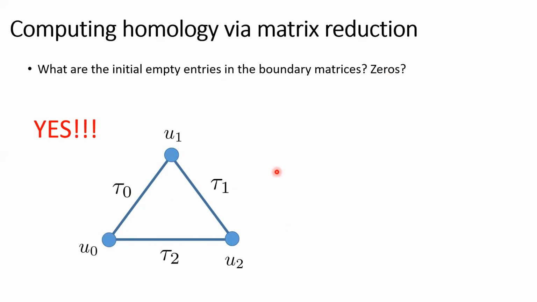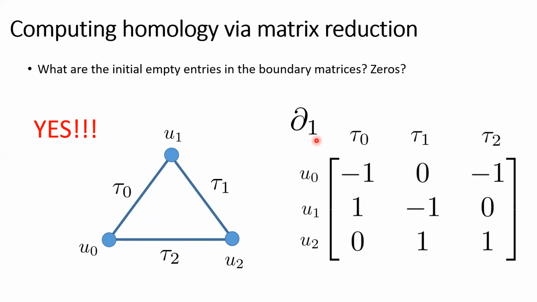So if this is our simplicial complex and we wanted to compute delta 1, the first boundary, then the full matrix would look like this. Tau 0 has as boundary u1 minus u0, again using the orientation, and it would be 0 in u2 because u2 does not contribute to the boundary of tau 0. The same for tau 1 and tau 2.